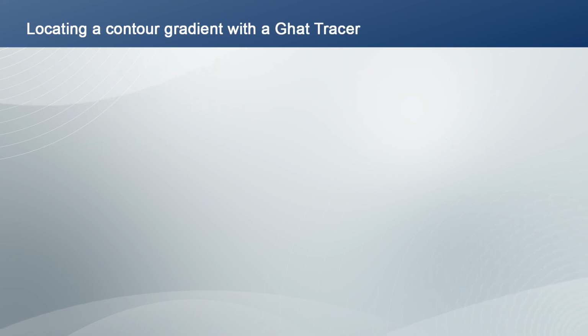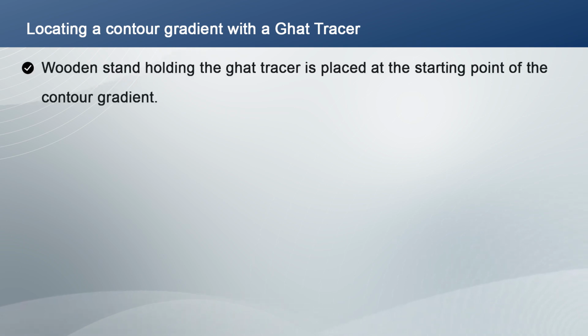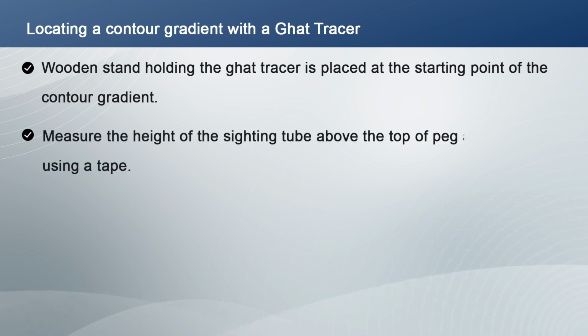Let us see locating a contour gradient with a ghat tracer. The wooden stand on which the ghat tracer is suspended is held on the starting point of the desired contour gradient. The height of the sighting tube above the top of the peg driven at A is measured accurately with a tape.